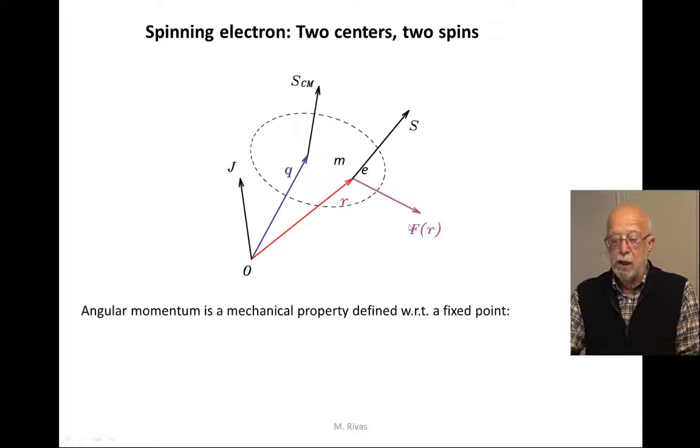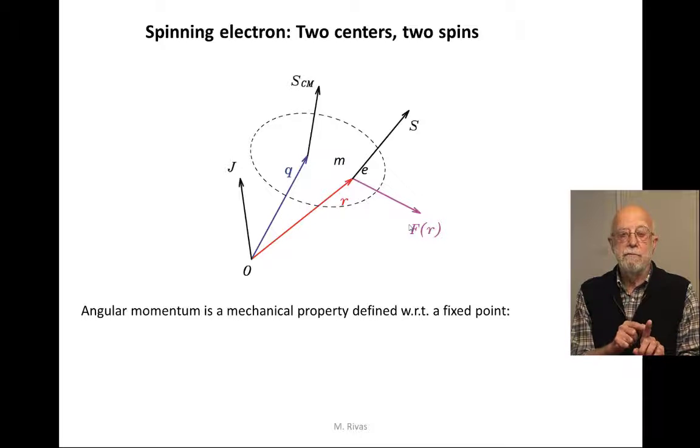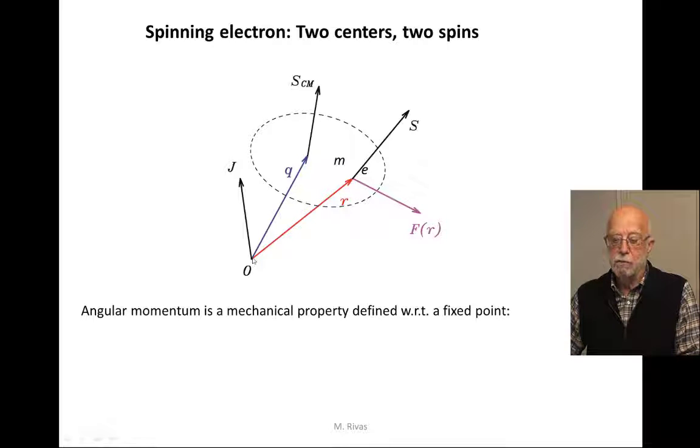You know, angular momentum is always a mechanical property which is defined with respect to some specific fixed point. In this picture we have 3 different points: the origin of our frame, the center of mass, and the center of charge. So the angular momentum of the electron with respect to my origin, I call the total angular momentum J. But the angular momentum of the electron with respect to the center of mass, I call it spin CM, spin with respect to the center of mass.